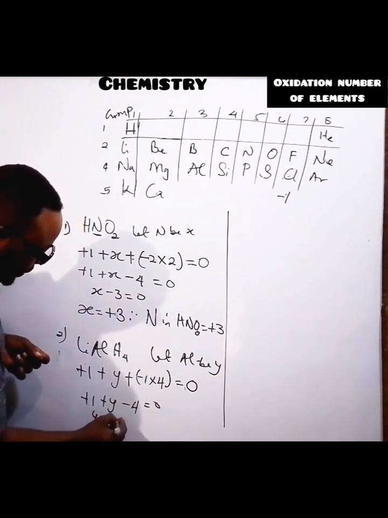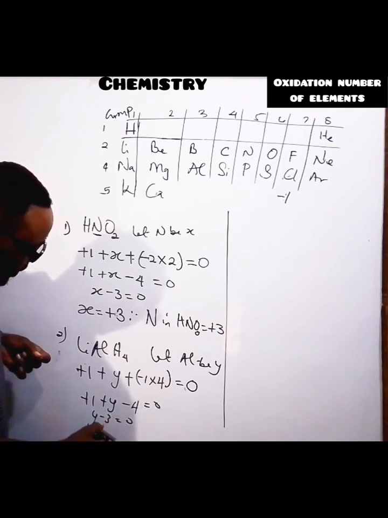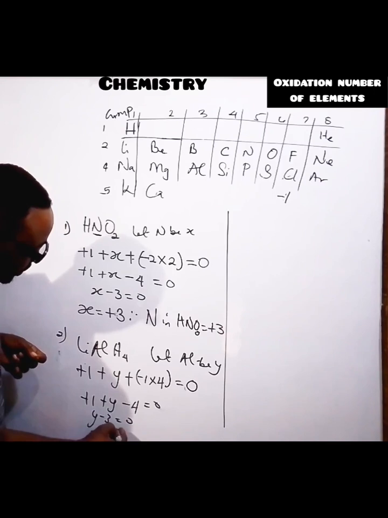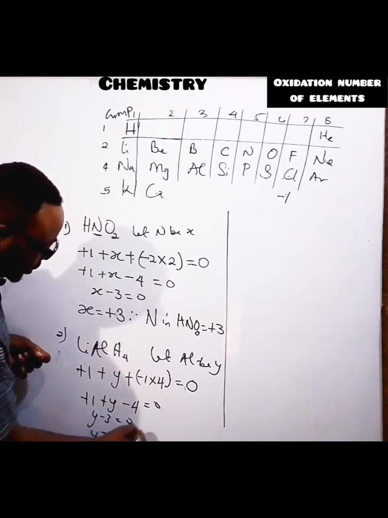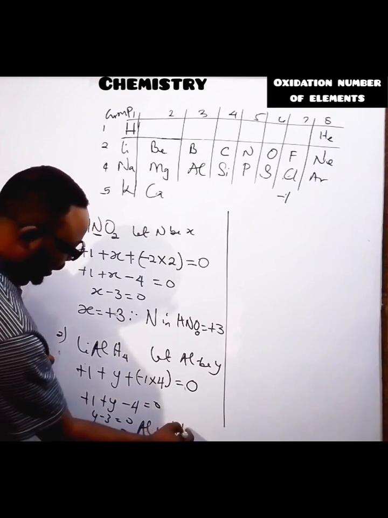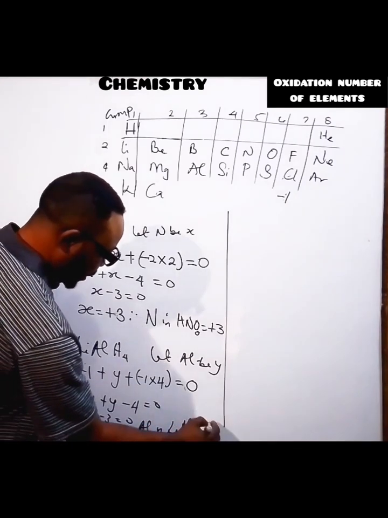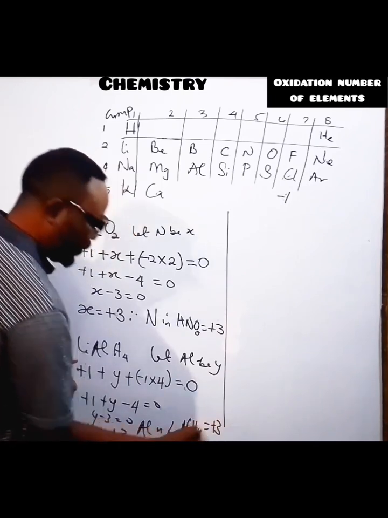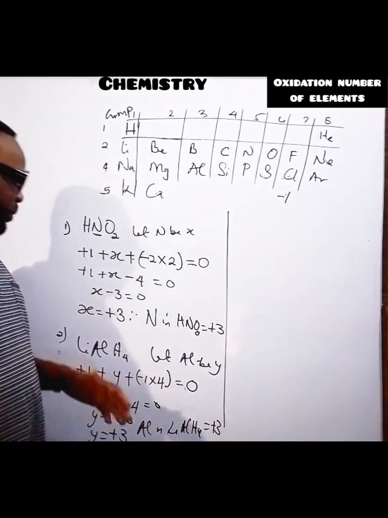Y minus 3 is equal to 0. So Y will be equal to what? +3 as well. So the oxidation number of aluminium in LiAlH4 is equal to +3.